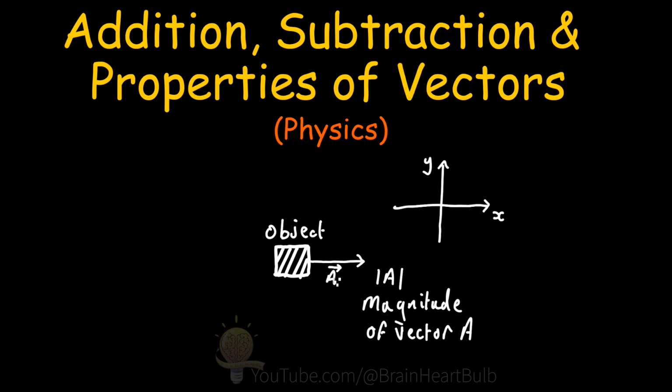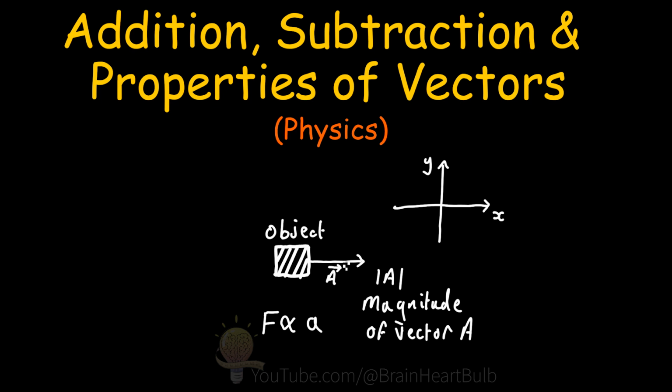So the vector A here that's acting on our object could be a force. And when a force acts on an object, this object will accelerate because force is proportional to acceleration.